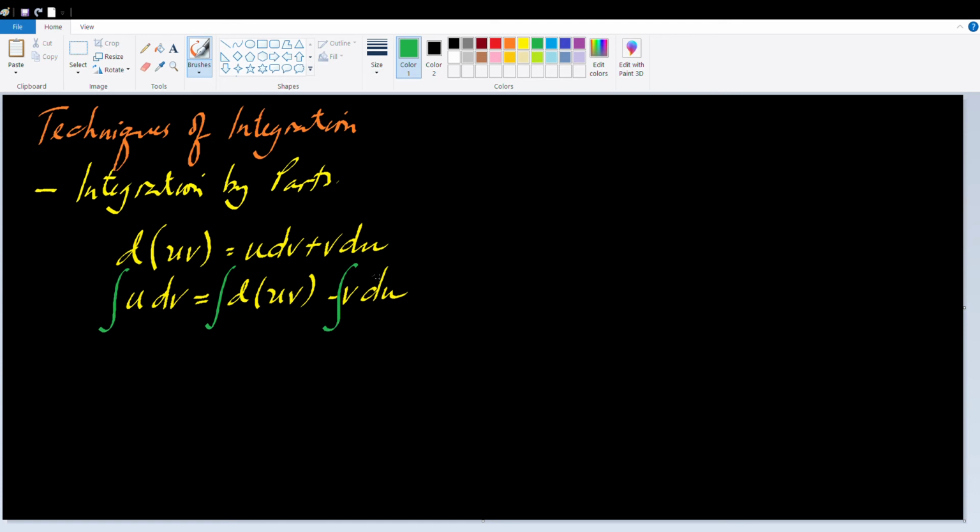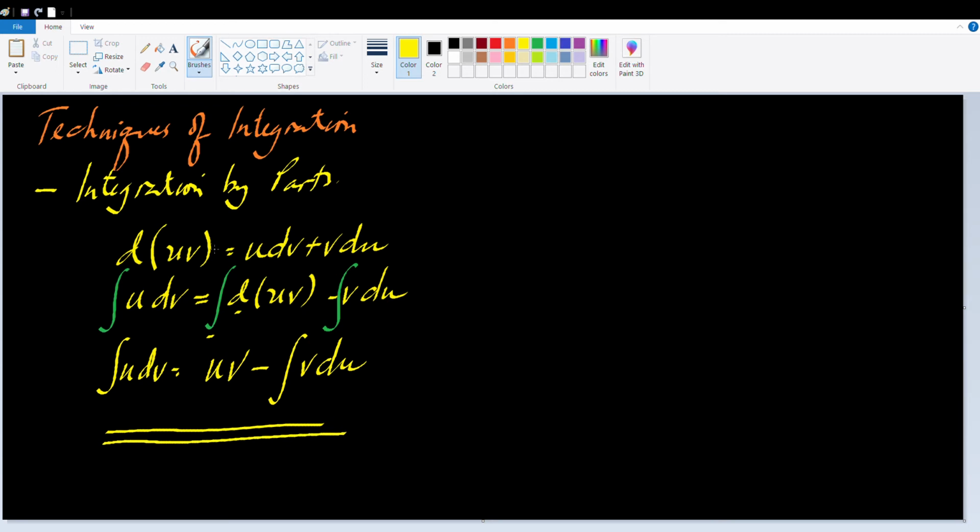We integrate all terms. So the integral of u dv is equal to, we know that the integral and the differential are inverse operations, so the integral of the differential of uv is u times v minus the integral of v du. This will be our working formula for integration by parts.